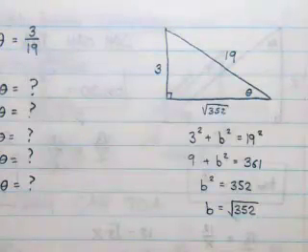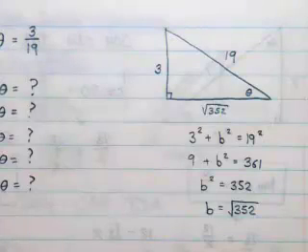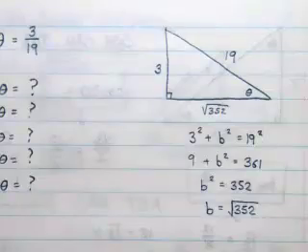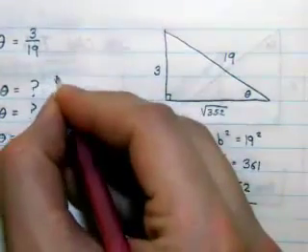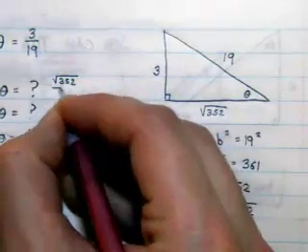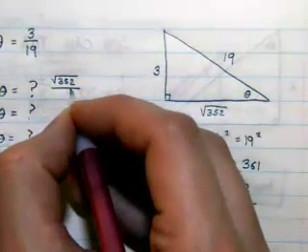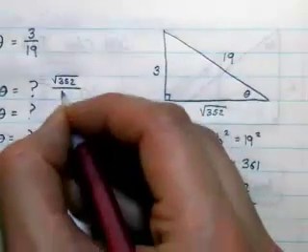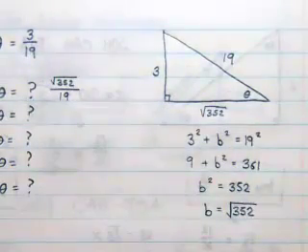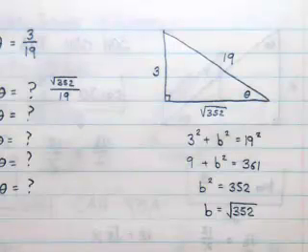So, cosine is adjacent over hypotenuse. Adjacent is square root of 352, hypotenuse is 19.